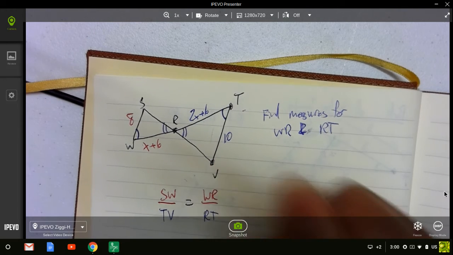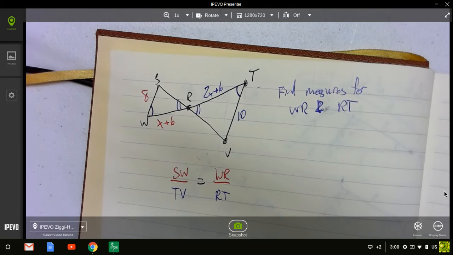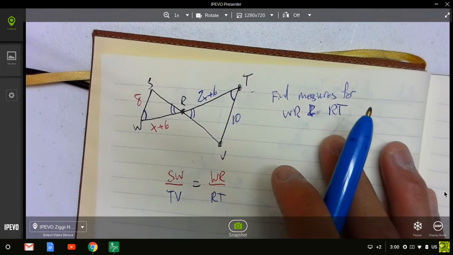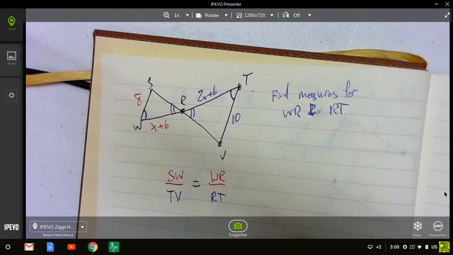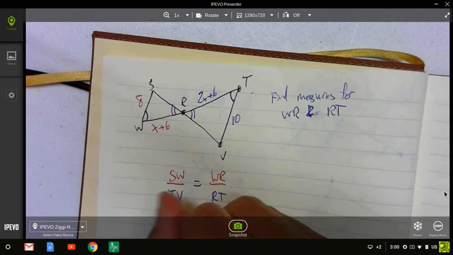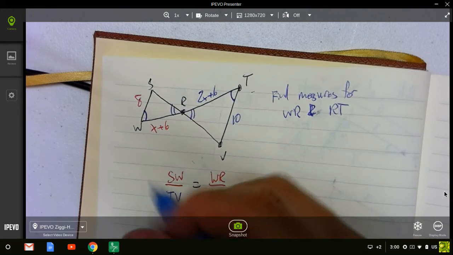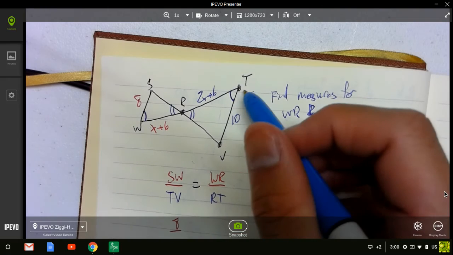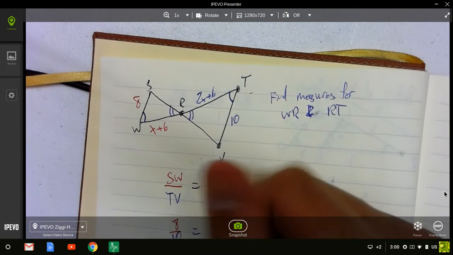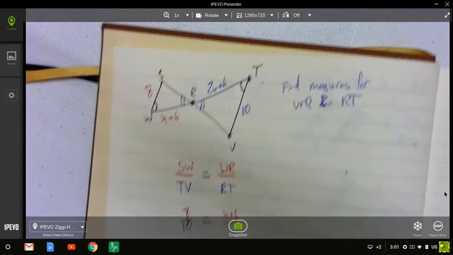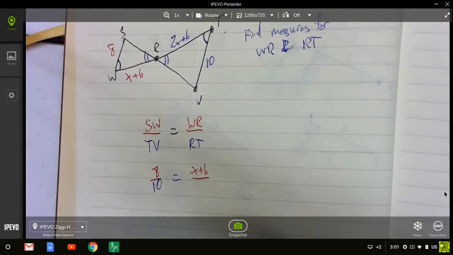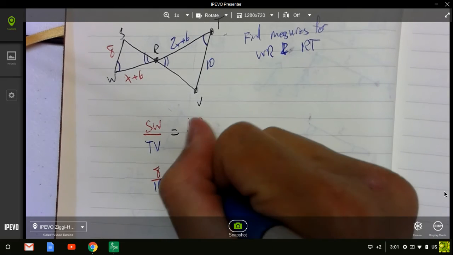I think this will be a nice, quick, short one. If you want, go ahead and pause and try this out before I walk you through it. Now you're going to substitute in some values. SW is 8, TV is 10. That's set equal to WR, which is x plus 6, divided by RT, which is 2x plus 6.